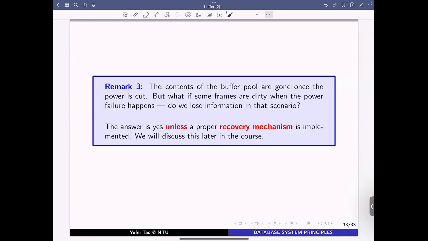You have to make sure that even though you are doing buffering, even if there is a power cut at any moment, you still cannot lose any information. I know at this point it sounds magical and very difficult to believe. But there are tricks. This is something we're going to talk about in recovery.